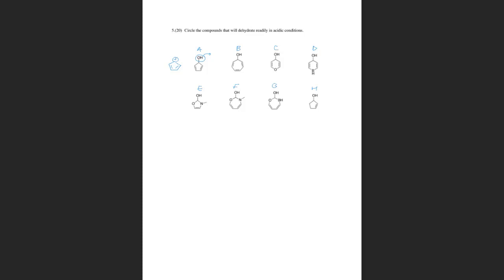What's left behind, is it aromatic or non-aromatic? If what's left is anti-aromatic, then that compound will not dehydrate readily. Whenever you're ready, you can go ahead and comment a 1 in the chat so that we know when we're ready to review.